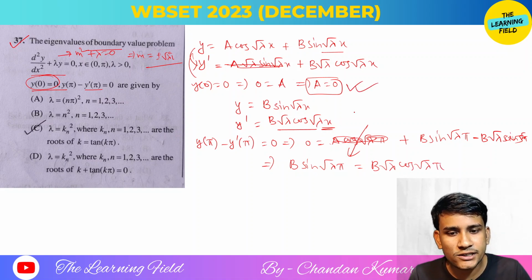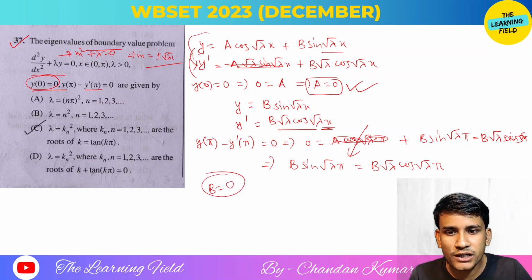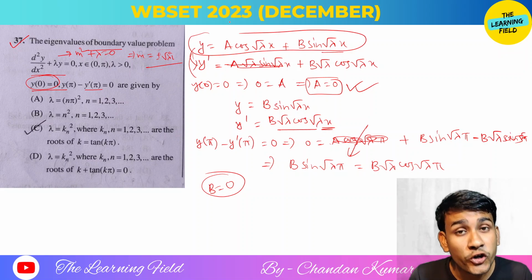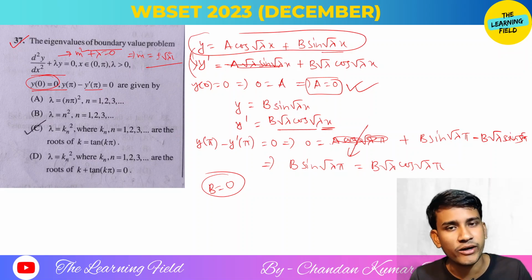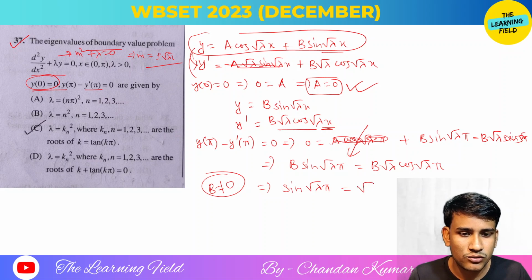If b equal to 0, and a is already 0, then both are 0 and we get the trivial solution. But we are interested in the non-trivial solution to find the eigenvalue, so b is not equal to 0 and we can delete b from both sides. So sin(root lambda pi) equals root lambda cos(root lambda pi), which gives tan(root lambda pi) equal to root lambda.